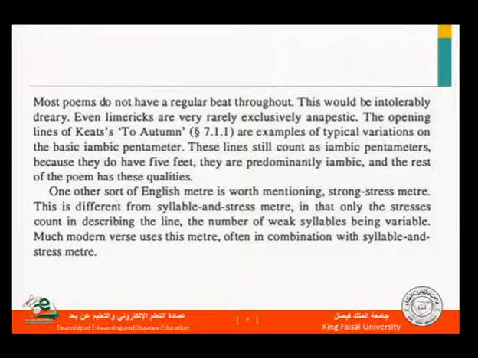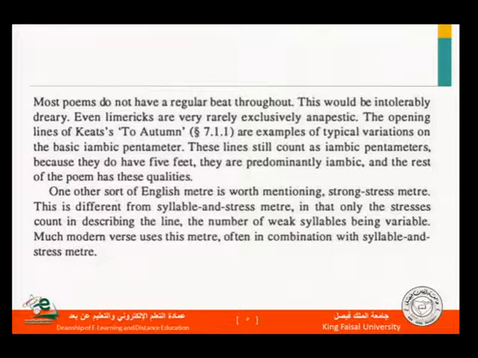The opening lines of Keats' To Autumn are examples of the typical variations on the basic iambic pentameter. These lines still count as iambic pentameters because they do have 5 feet and are predominantly iambic, and the rest of the poem has these qualities.